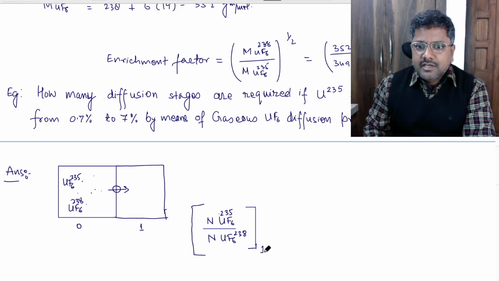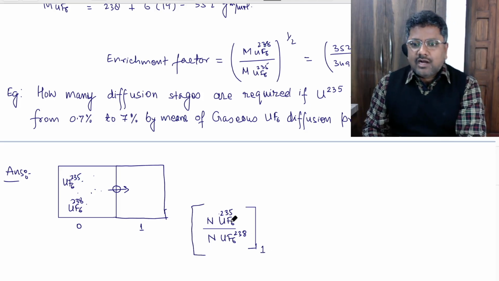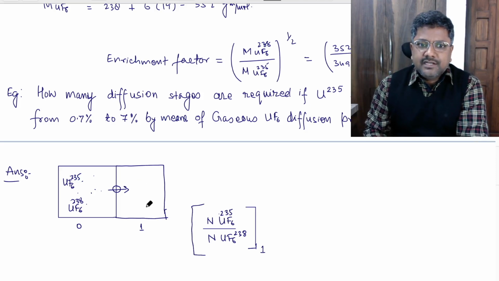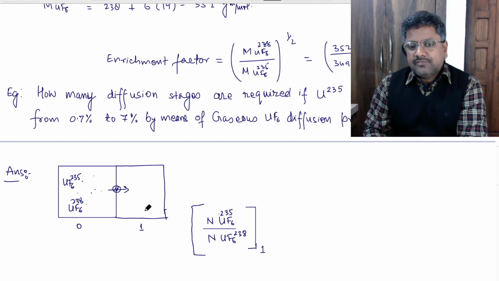This means this is the ratio of moles of UF6 235 and UF6 238 after the diffusion of the first stage.